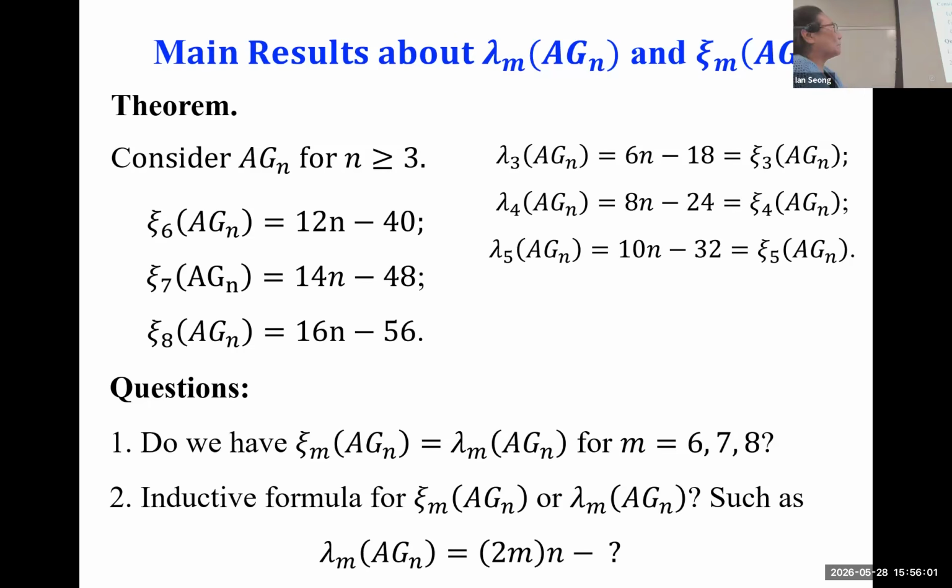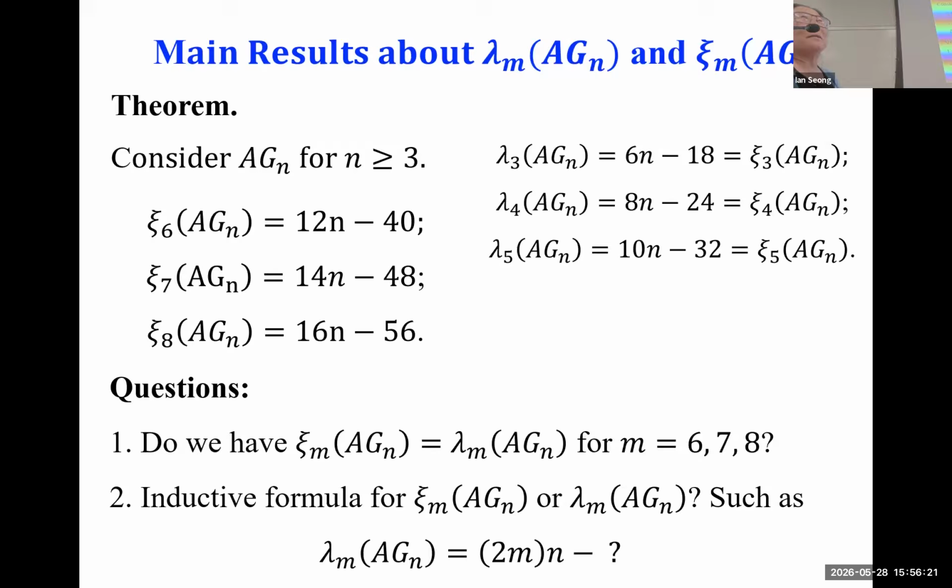So the question is, can we use induction or some other method to get a formula for lambda m, or show if they are equal, or get a bound? So there are questions to answer.